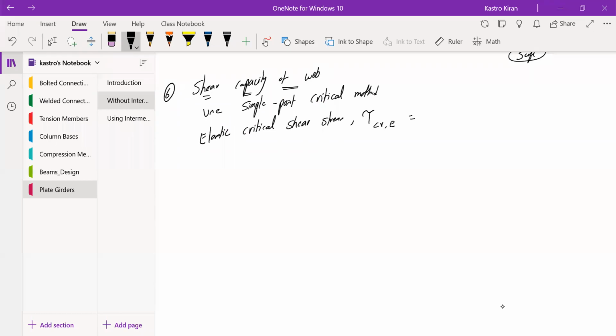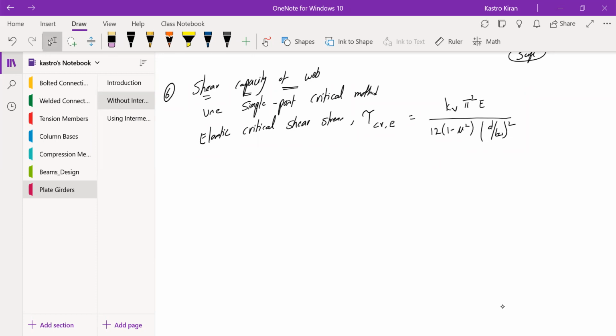You have the formula kV pi square E upon 12 into 1 minus nu square into d by tw whole square. This is a fixed formula.